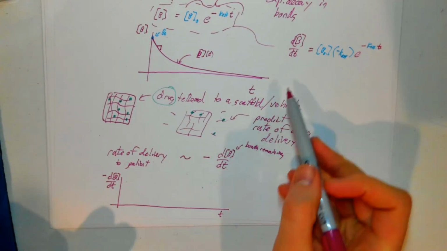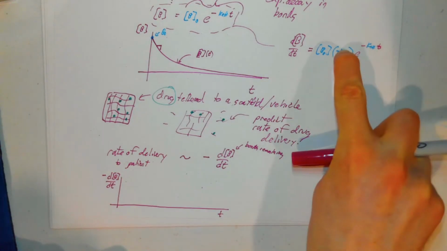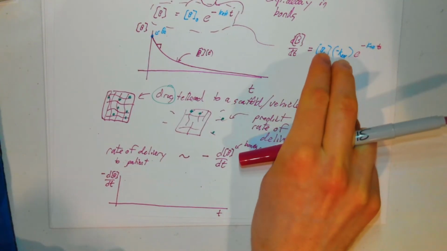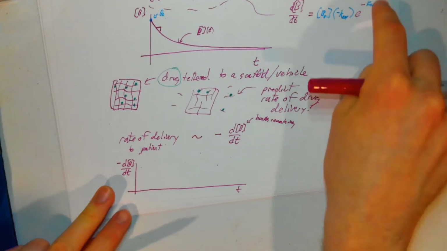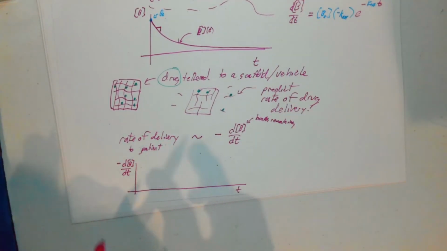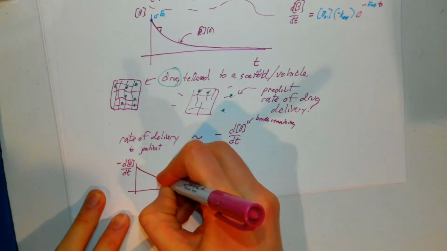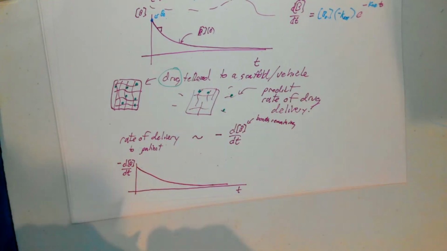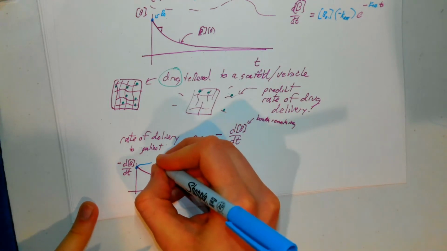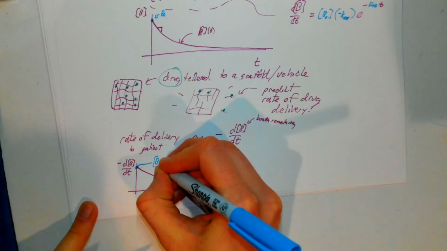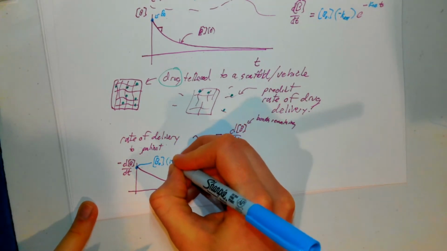So if we want to plot minus dB/dt, then we just put a minus sign out here, and we basically get B naught k effective times e to the minus k effective t. So this is still exponential decay. That looks like this. And basically this initial point here is B naught k effective.